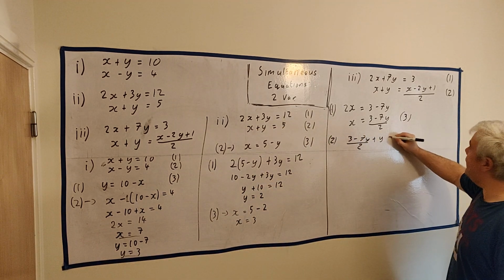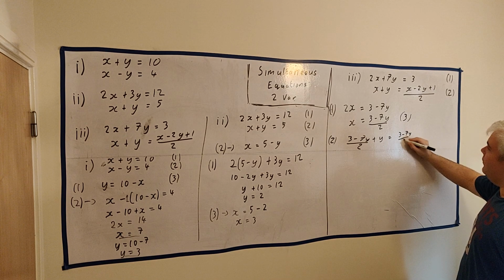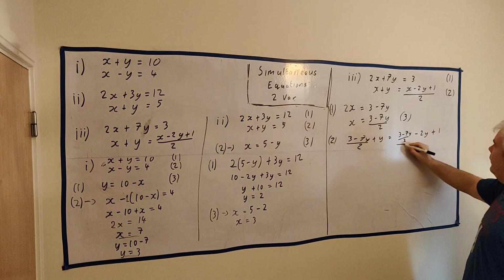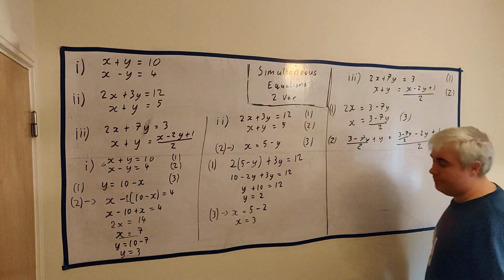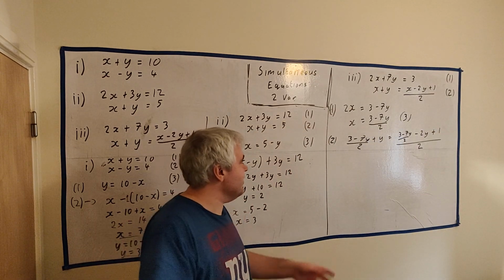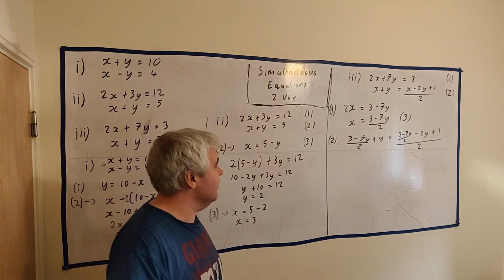Plus y is equal to x divided by 2 minus 2y plus 1, all divided by 2. Okay, this is a big mess of an equation, so it's going to test our ability to move things around.